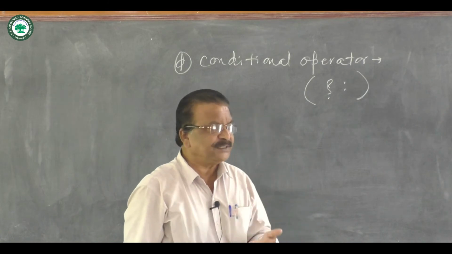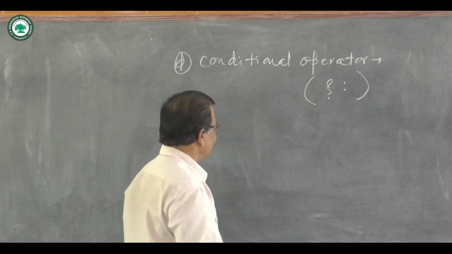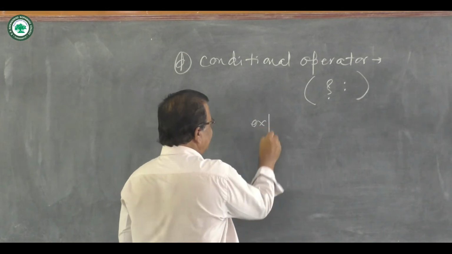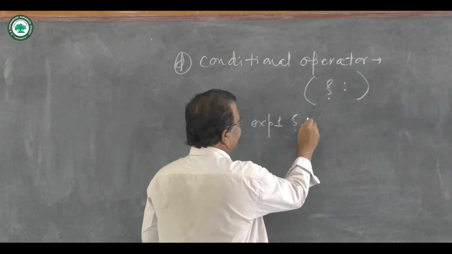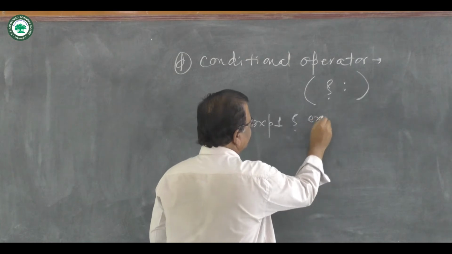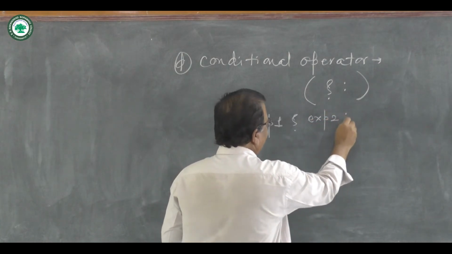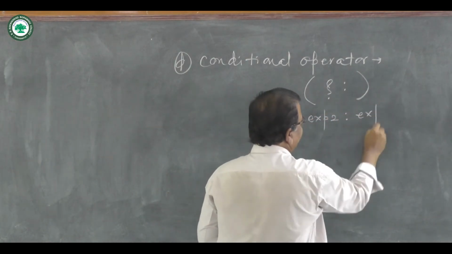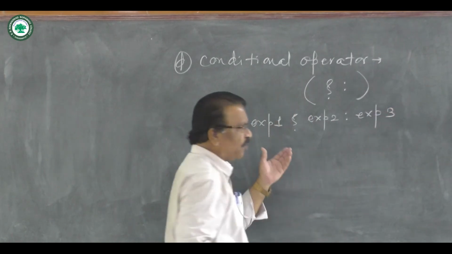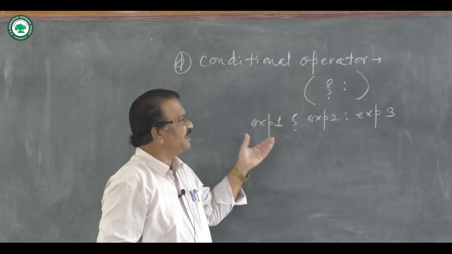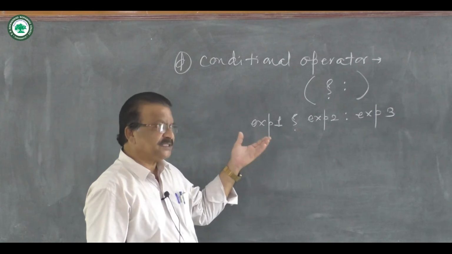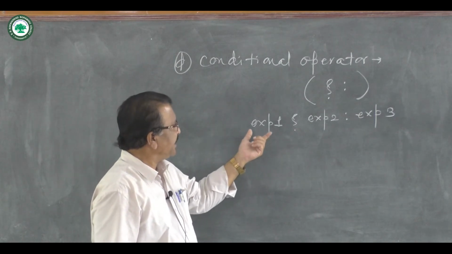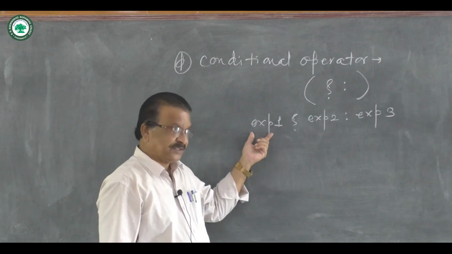The way it is used in the expression is as follows: expression 1, question mark, expression 2, colon, expression 3. This is the general form or the way the conditional operator is used in an expression or statement. Here expression 1 is evaluated first.